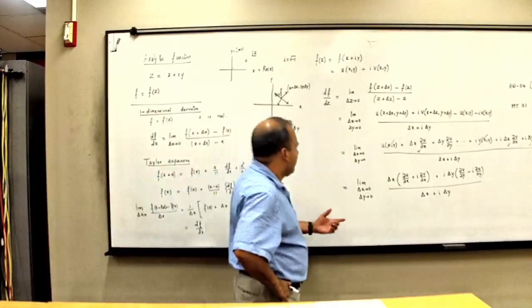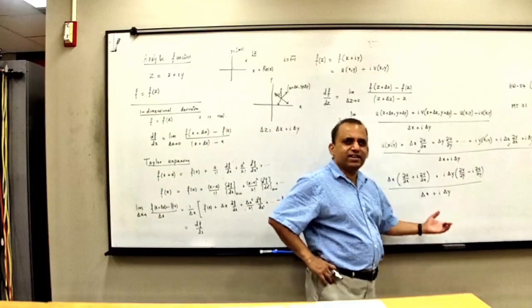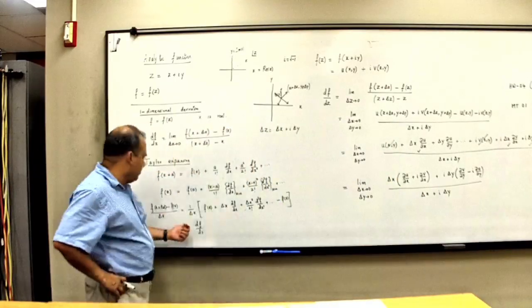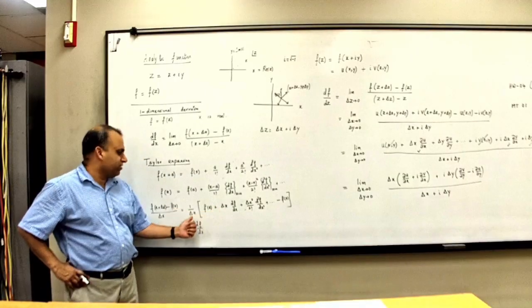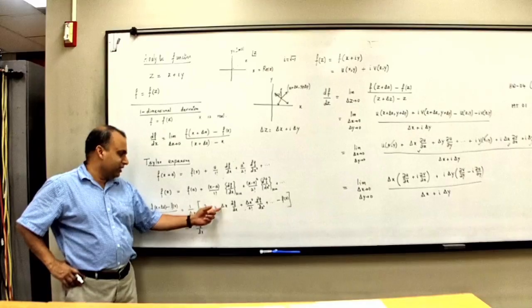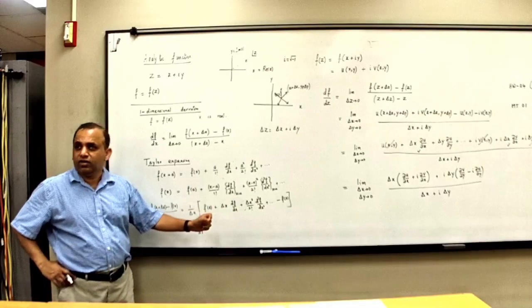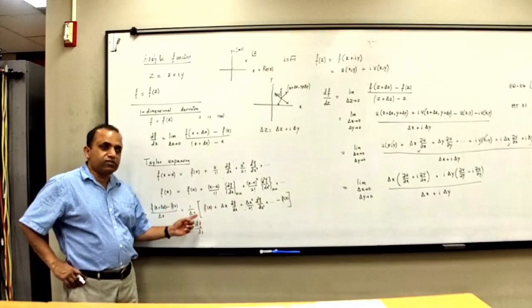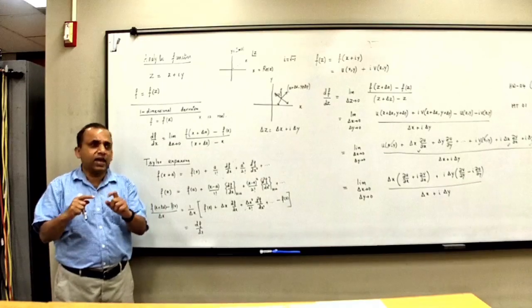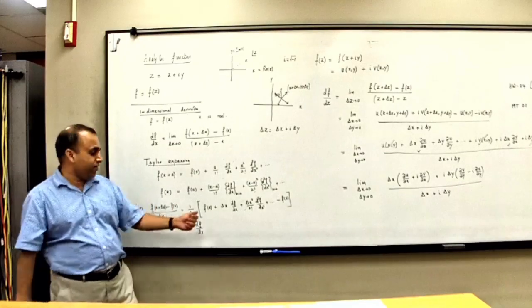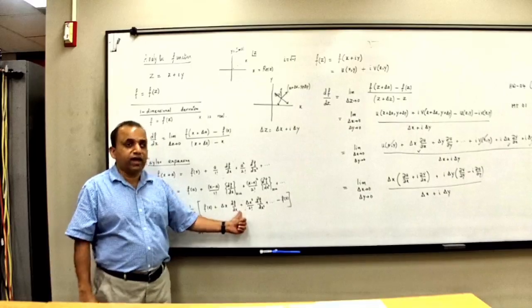And if you notice, this is not really working the way this should have worked, right? Here it was very nice. Delta x cancelled out. That delta x cancelling is very crucial because that's a 0, this is a 0. 0 over 0, if they are of the same power, they can cancel out and then we can have an unambiguous answer.